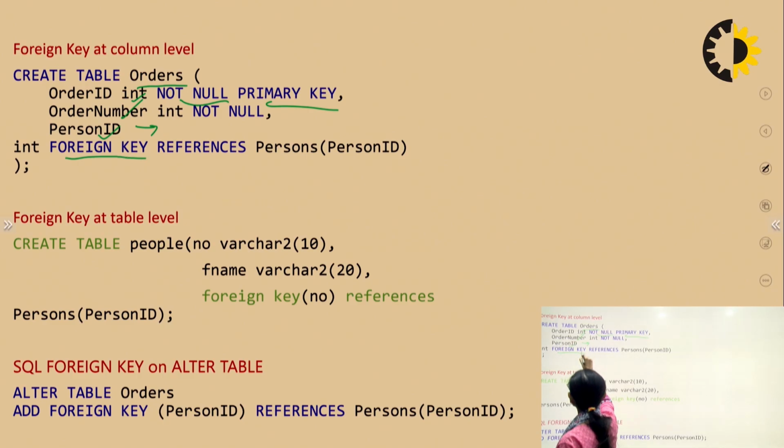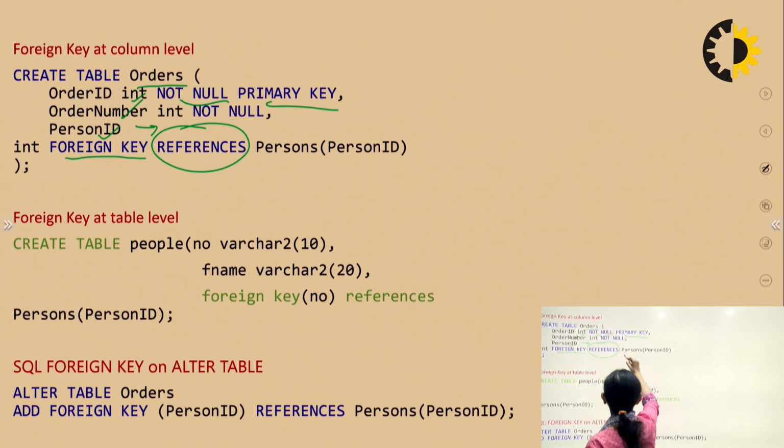Then FOREIGN KEY, the name of my constraint. Now here I need to provide the name of the table and column to which I want to relate. So after foreign key, another keyword also comes, that is REFERENCES. Then this is the table name to which I want to refer, and this is the column name to which I want to relate.